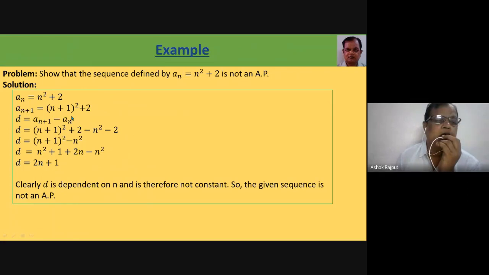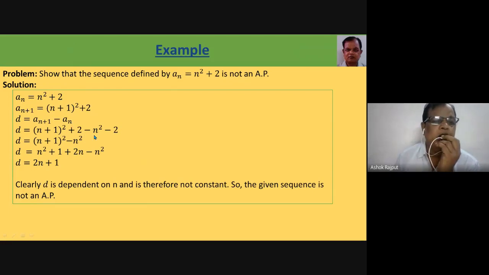So in place of n we put n plus 1. a(n+1) equals (n plus 1) whole square plus 2, and then we find the common difference d, which is a(n+1) minus an, with an equal to n square plus 2.